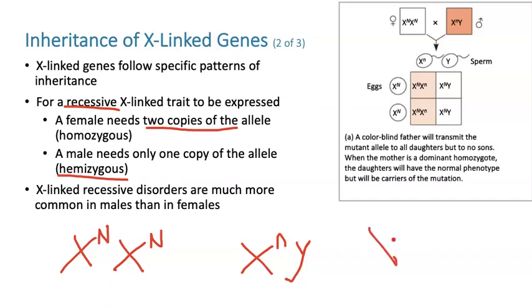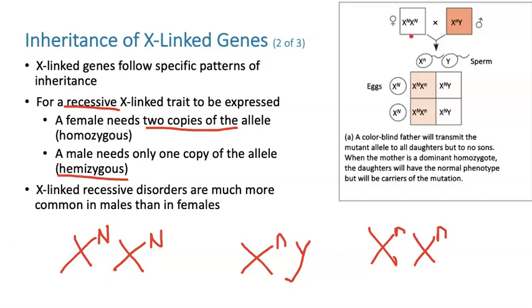So if you're going to have a female that's showing a recessive allele, she has to be homozygous recessive. And so that's less common than showing just one of them. What I'm trying to say with this is that X-linked recessive disorders are much more common in males than females because males only have to have 1 copy of that allele, and females have to have 2 copies of that allele.